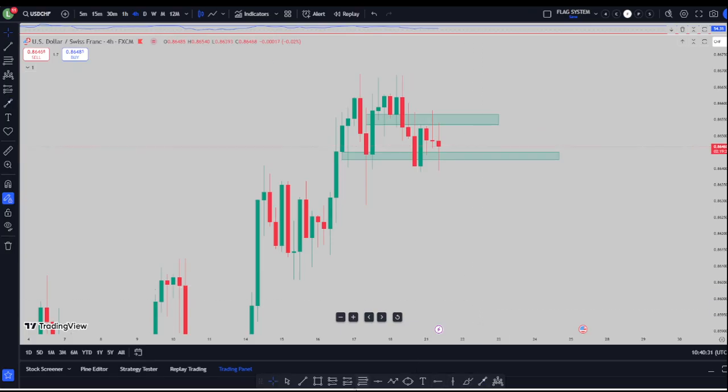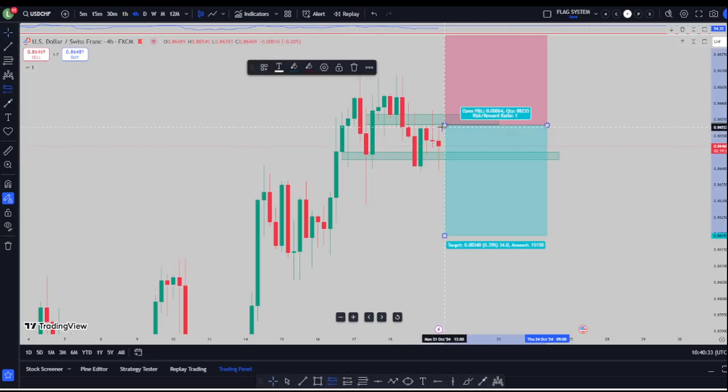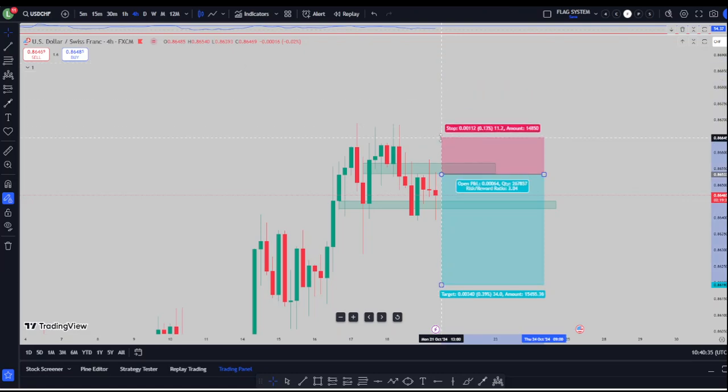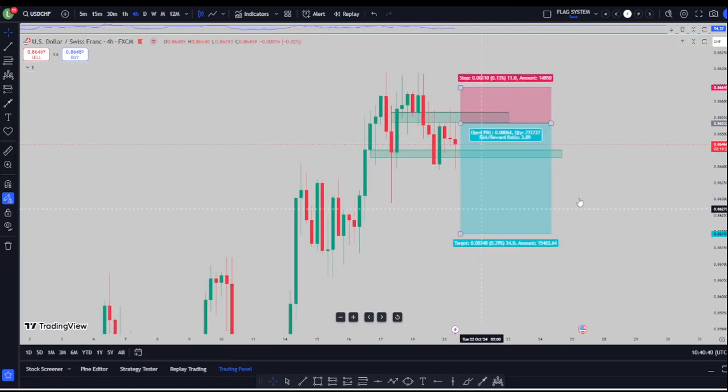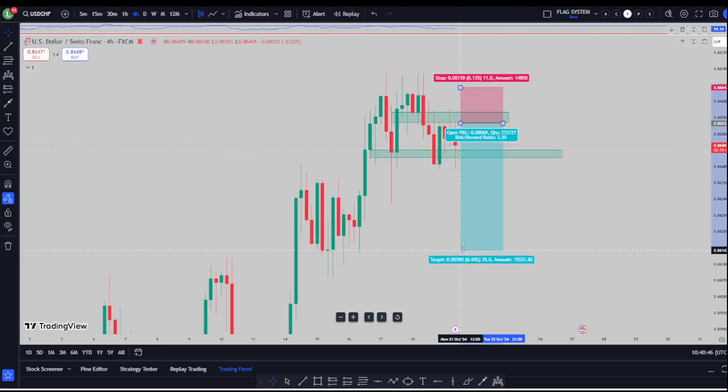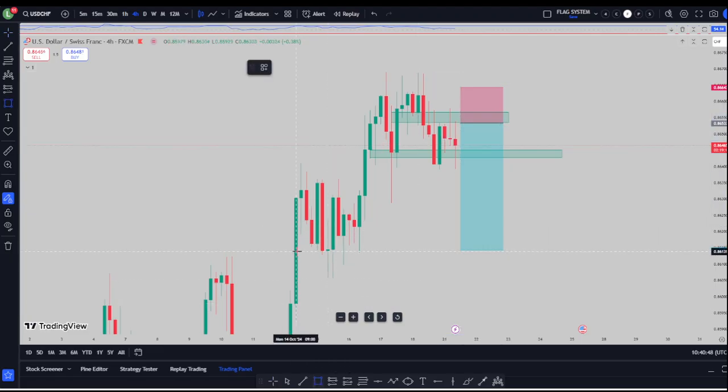We executed this trade during the Asia session around this zone here. You understand? The trade is already running in profit right now. So this support zone is our target.